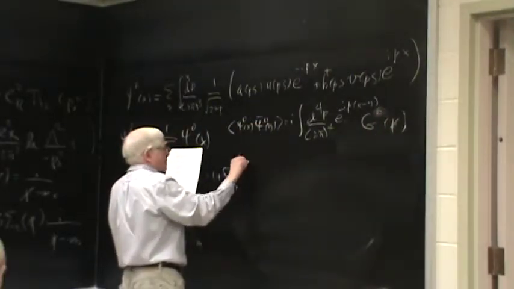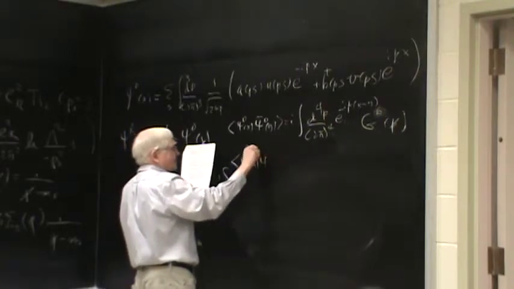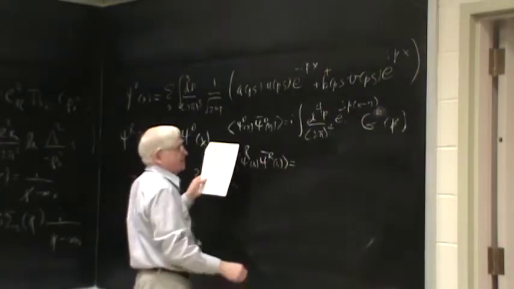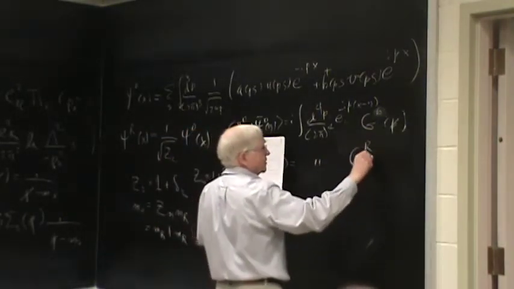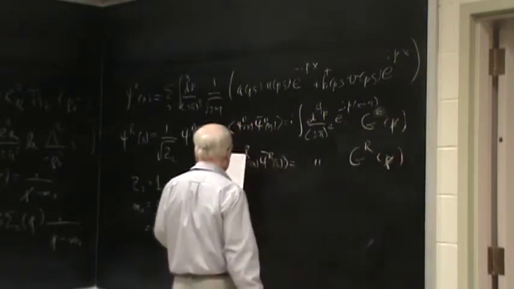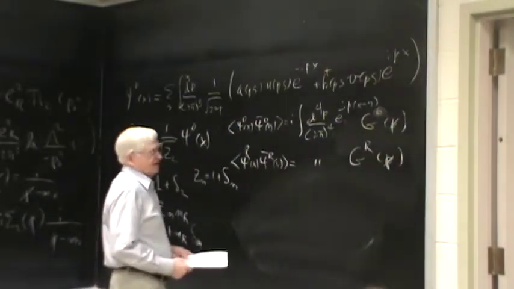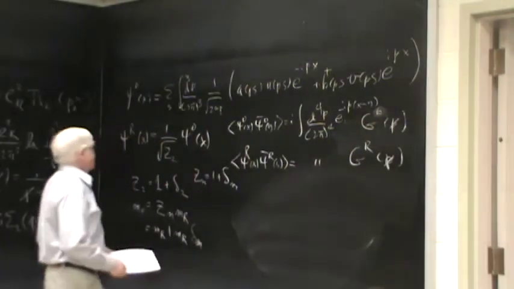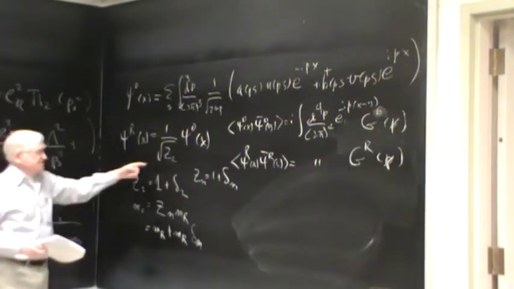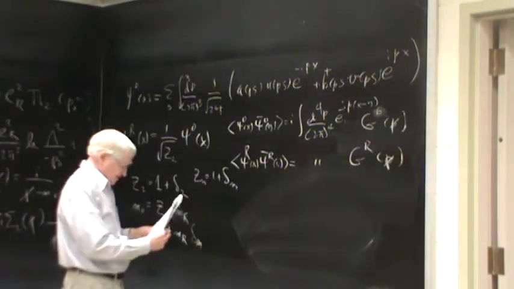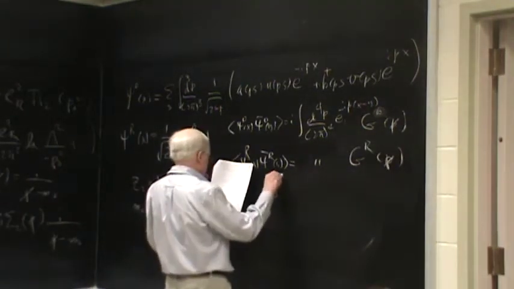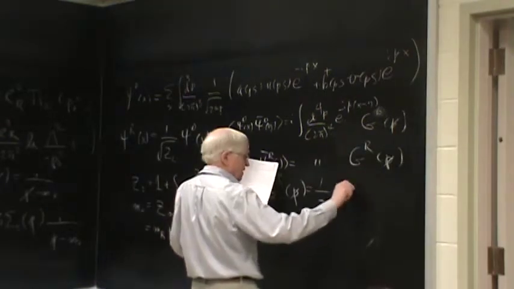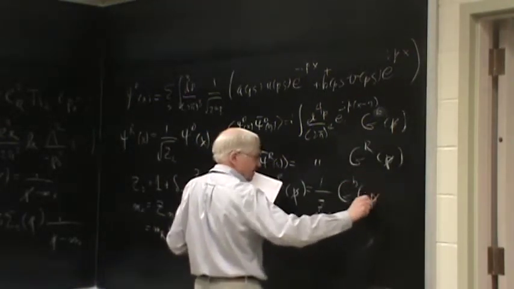And psi renormalized x, psi renormalized bar of y, well, this thing would be ditto, but G renormalized of P slash. And the idea is that this is finite and that one isn't. And in fact, since renormalized and unrenormalized differ by this root Z2, what we've got here is that G renormalized of P slash is 1 over Z2 G bar of P slash.